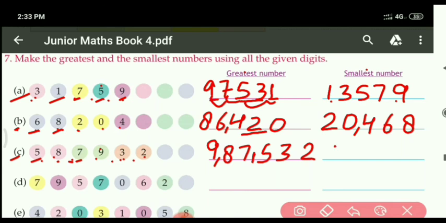So smallest number 2, after 2 is 3, after 3 is 5, after 5 is 7, after 7 is 8, and then 9. So which order is it coming in? Ascending order. Required smallest number: 2,35,789.